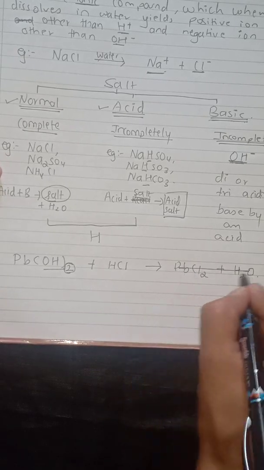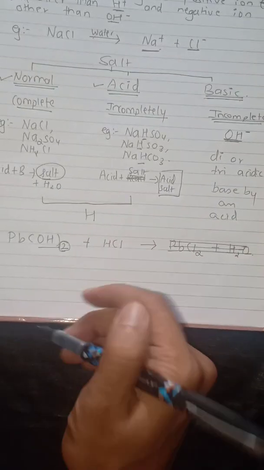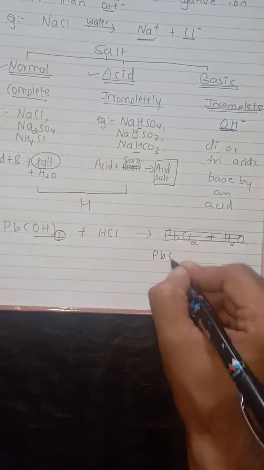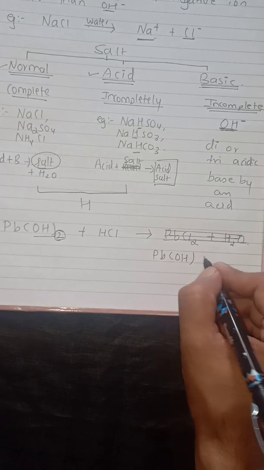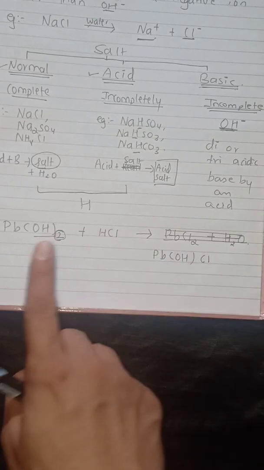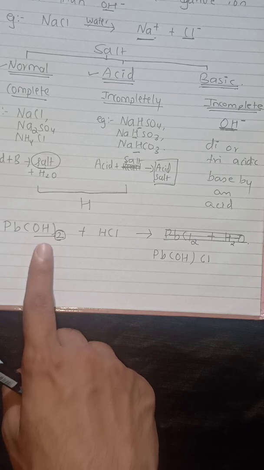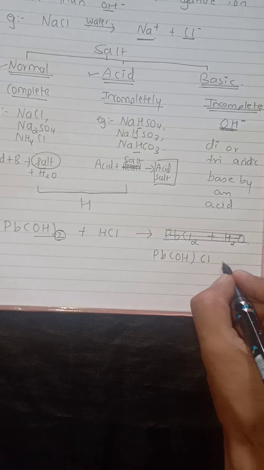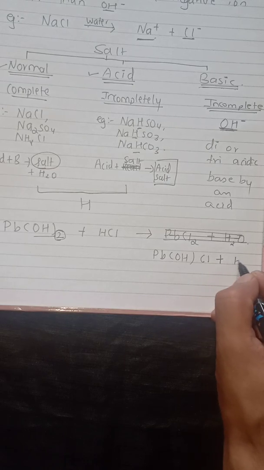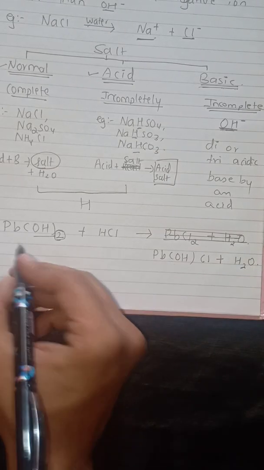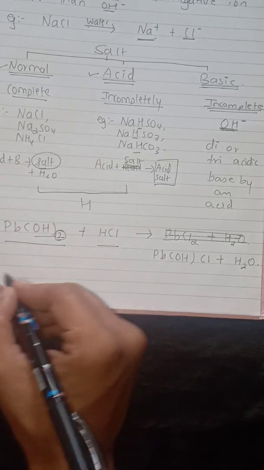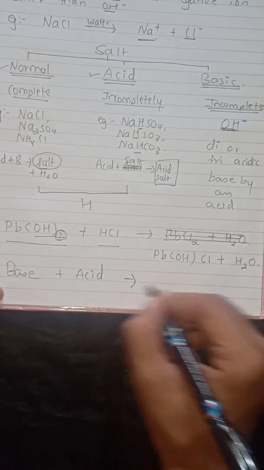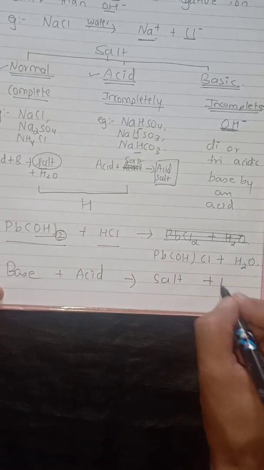Sorry, I didn't restrict them. Here there were 2 OH, only one would get replaced. So one getting replaced means it is going to form PbOHCl. Okay. One OH is left, so it is going to form water. So basically this is nothing but a base reacting with an acid, which gives you salt plus water.